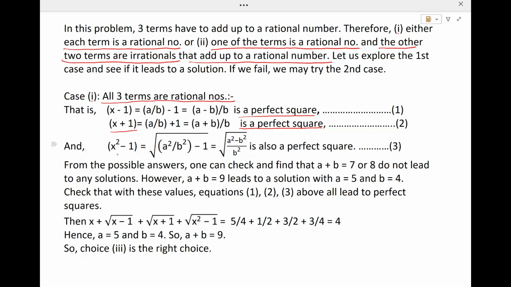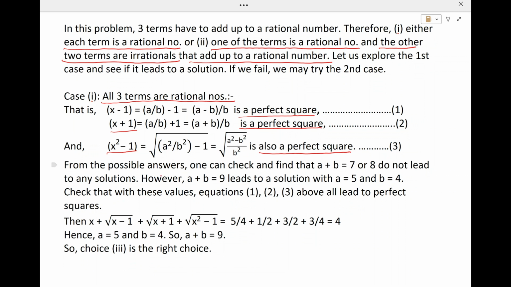And x square minus 1 is equal to a square divided by b square minus 1, which is equal to a square minus b square whole divided by b square, and that is also a perfect square.